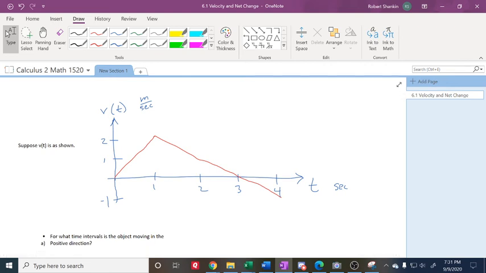So, at time 2 seconds, the velocity is positive 1, meaning it's still moving, like if it's a ball that's going up, the ball is still rising at t equal 2 because the velocity is positive.